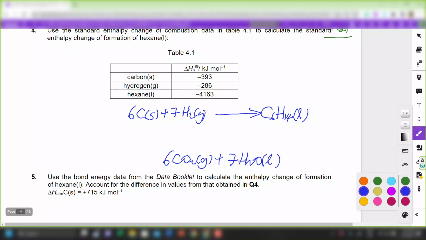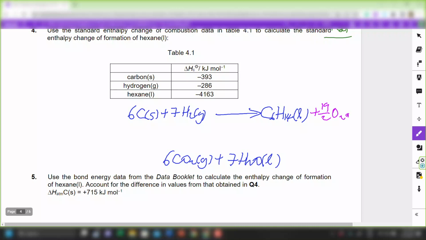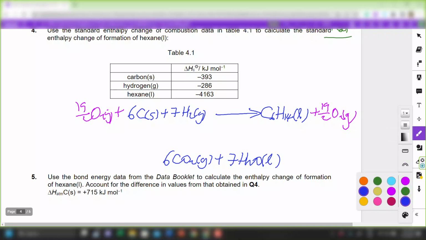Okay, then same idea. I'm going to write in the amount of oxygen added. So that will be 6 times 2, 12, 12 plus 7, 19. So that will be 19/2 O2 gas. I'm going to add it on the right, and then I'm going to add the same amount on the left. Then I'm going to write in the balanced equation.